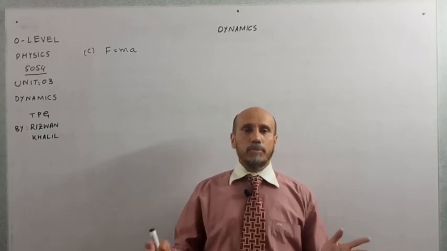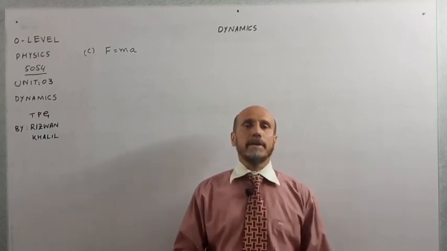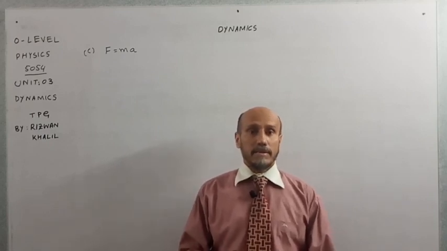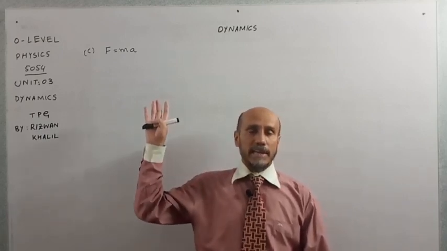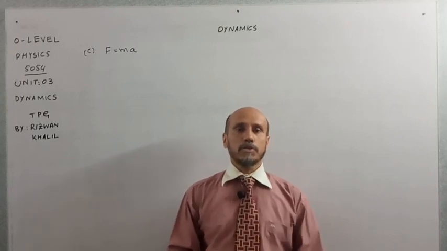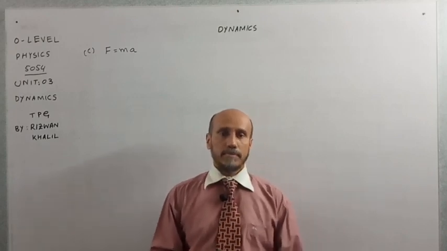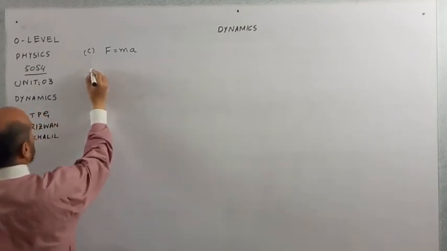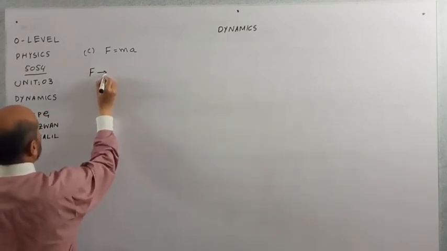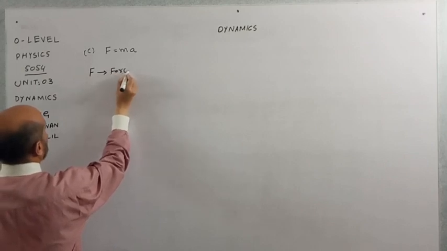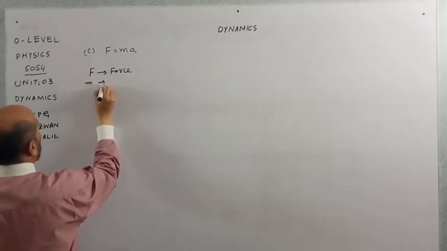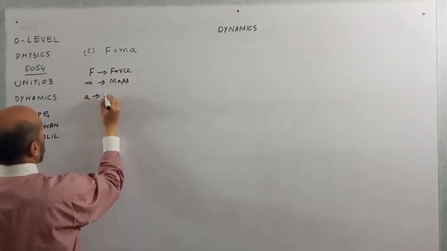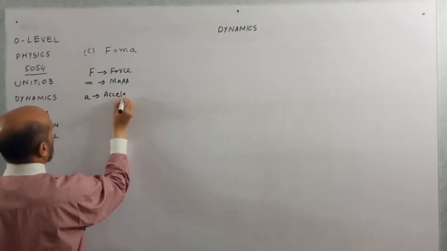Now we are proceeding to the next learning outcome of this unit, and that is learning outcome C. The equation written here is F equals ma, and this belongs to Newton's second law of motion. This equation gives us the relation between F, which stands for force, m for mass, and a for acceleration.